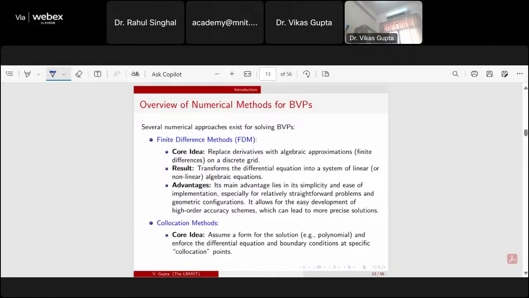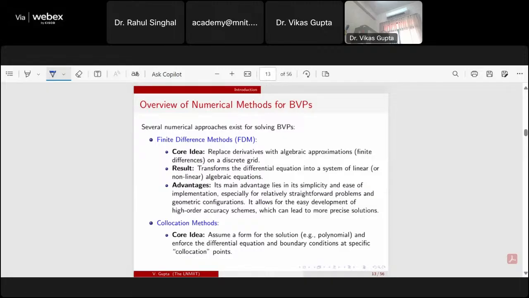In the finite difference method, the core idea is to replace the derivative with algebraic approximations on a discrete grid, and ultimately that differential operator transforms to a system of linear equations, which you can solve numerically by using any numerical method.